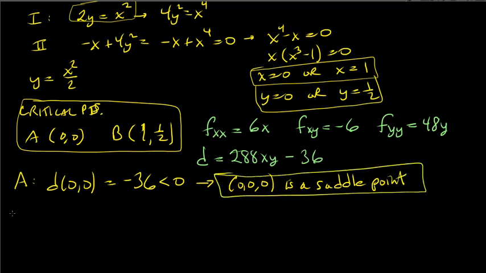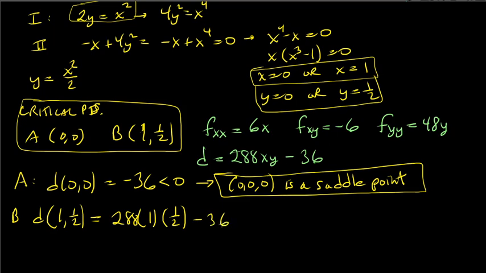Great. On to point B, right? So d, when x is 1, y is 1/2. So this is 288 times 1 times 1/2 minus 36. So 144 minus 36 is, I want to say 108, although it doesn't matter as long as it's positive.